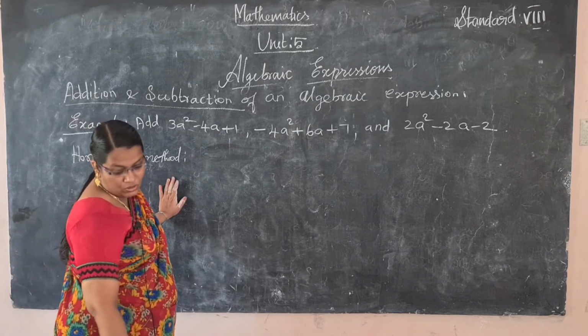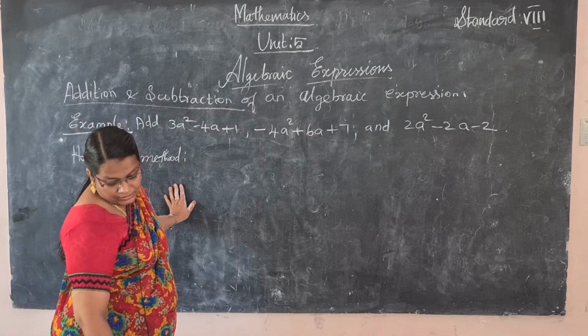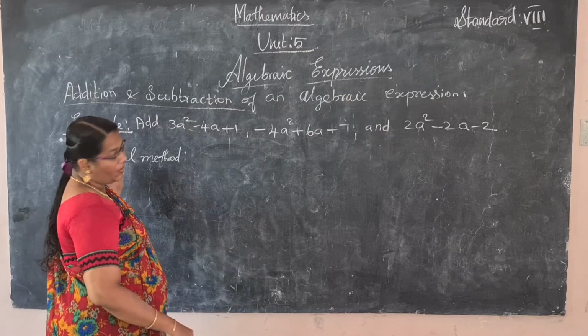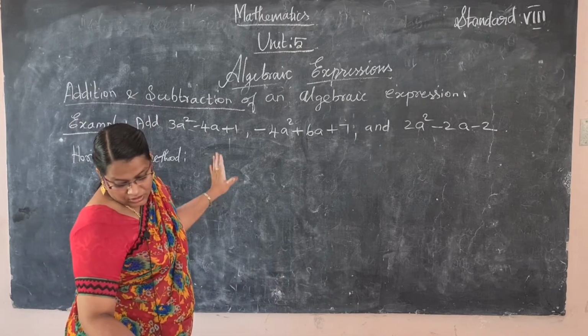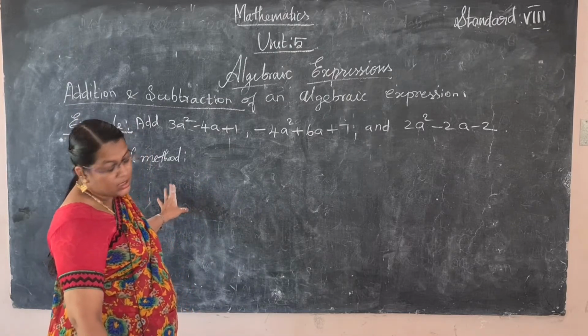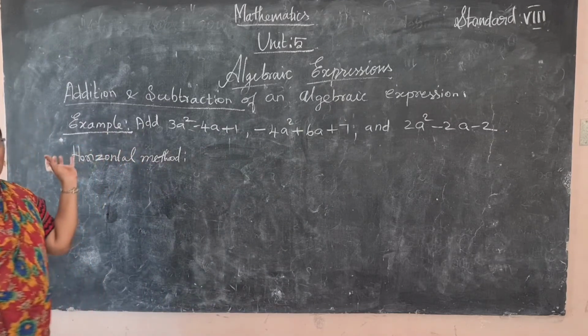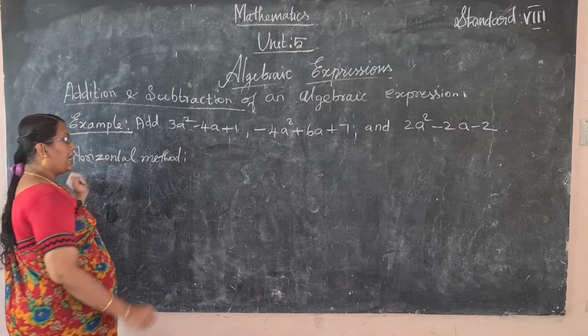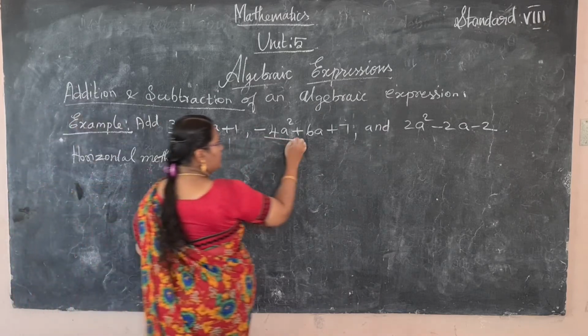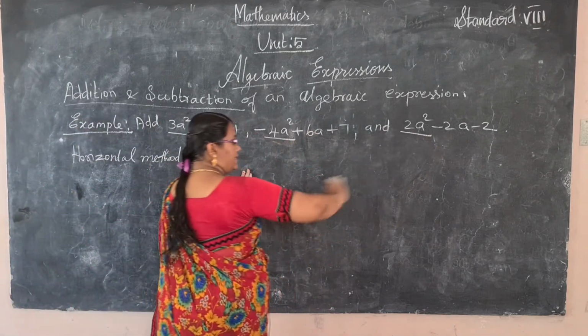This also we have learned in the previous class. First we have to arrange the like terms horizontally.